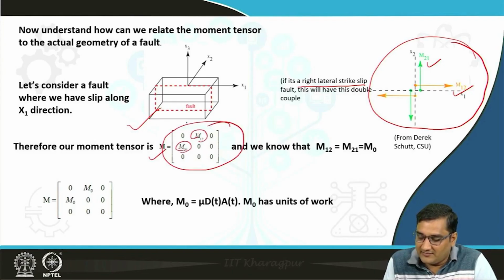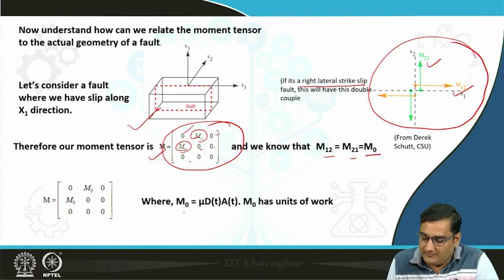Since the other couples are 0, they have been kept 0. M12 and M21 can be written as M0, and this M0 is equal to mu D A, where D is the slip, A is the area, and mu is the shear modulus. This M0 has the unit of work. So M12 and M21 can be replaced with M0.